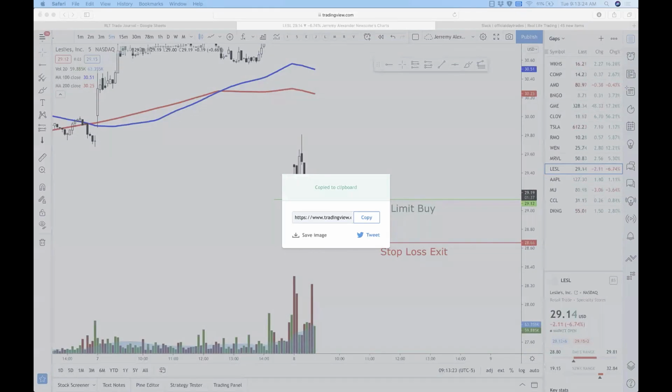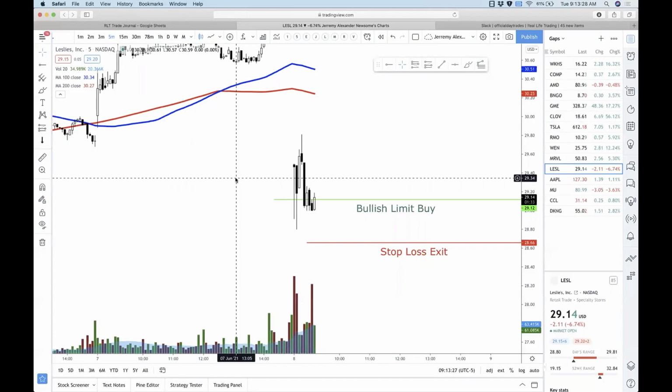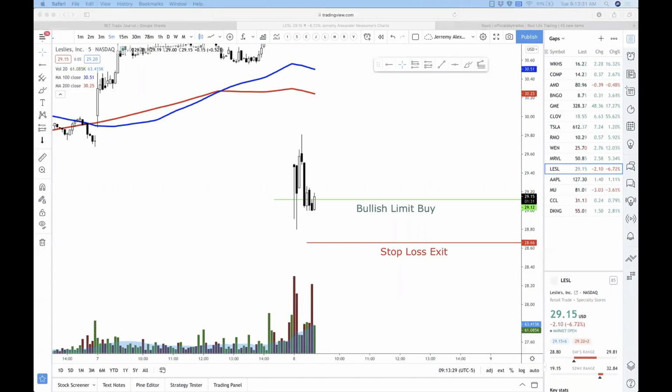LESL. Trying to buy it above all that bear volume on a retest. Stop below pre-market low. Pretty far below pre-market low, realistically, and not even a full dollar. $28.66.